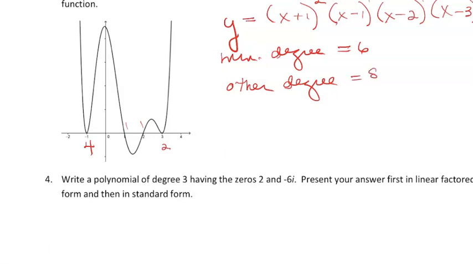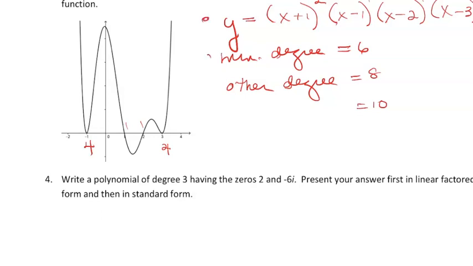So 8's another possible. I could have also made this a 4. If I did that, then I could have had a power of 10. You can't change the single roots, but your double roots can represent roots of other even powers. Okay, so that's the key thing there.